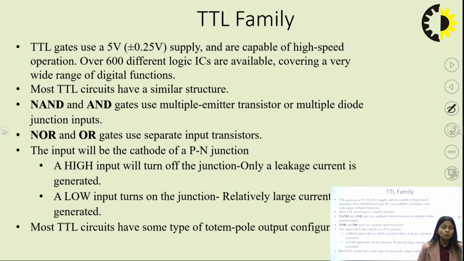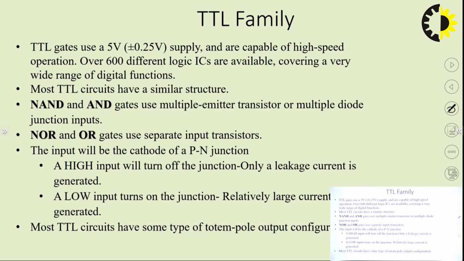In TTL, first, the input will be at the cathode of the PN junction. A high input will turn off the junction, and only a leakage current is generated. A low input turns on the junction, and a relatively large current is generated. That means a high input will turn off the junction and a low input will turn on the junction, which we all know.